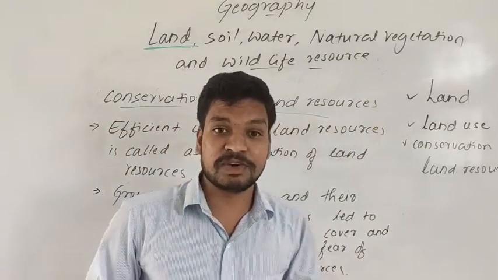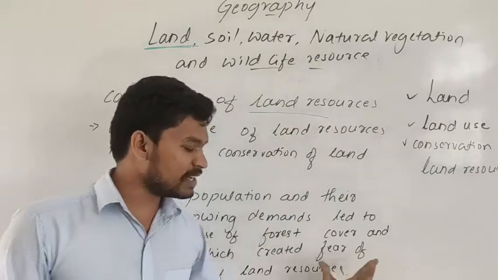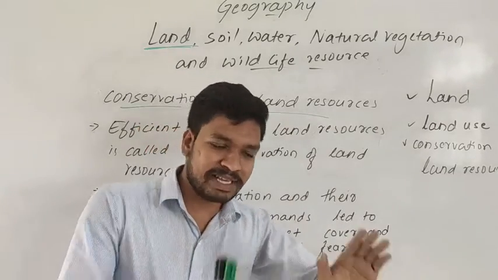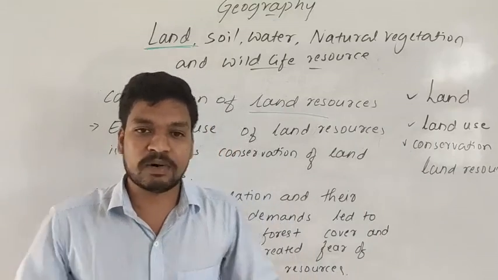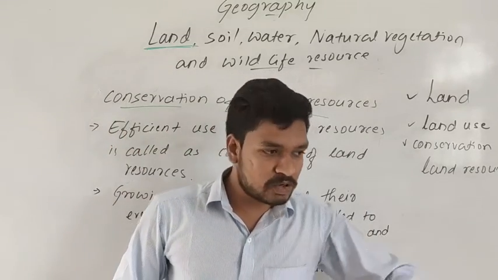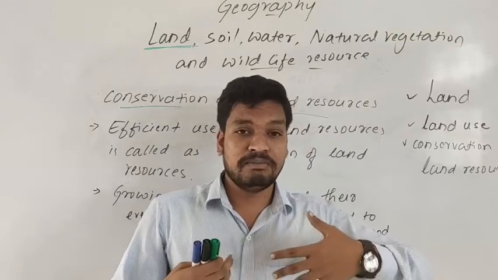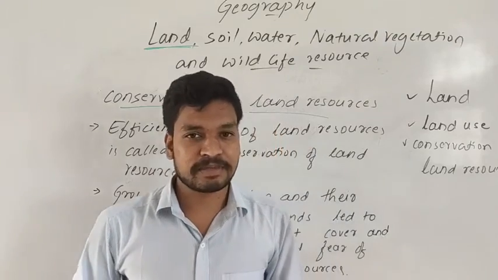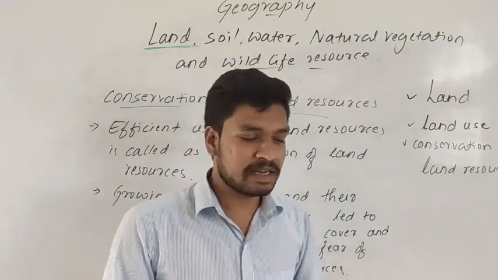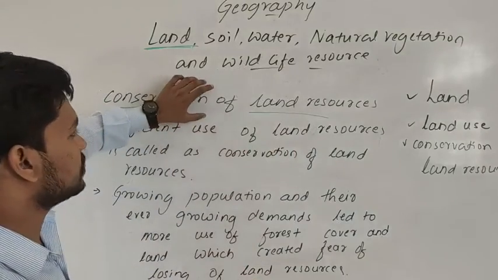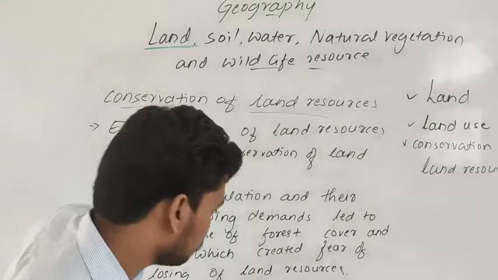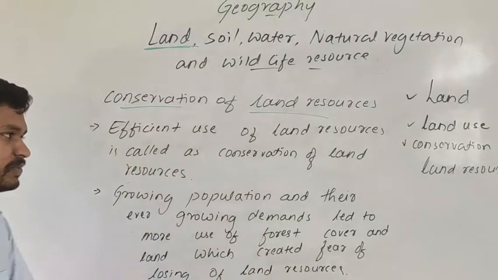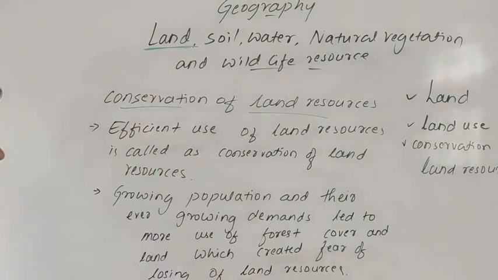You should have these conservation measures to overcome this and to make these resources available to future generations, to protect our land, to make efficient, limited use of land. Conservation of land resources is very much important. Write down these points, then we'll go for the next one.